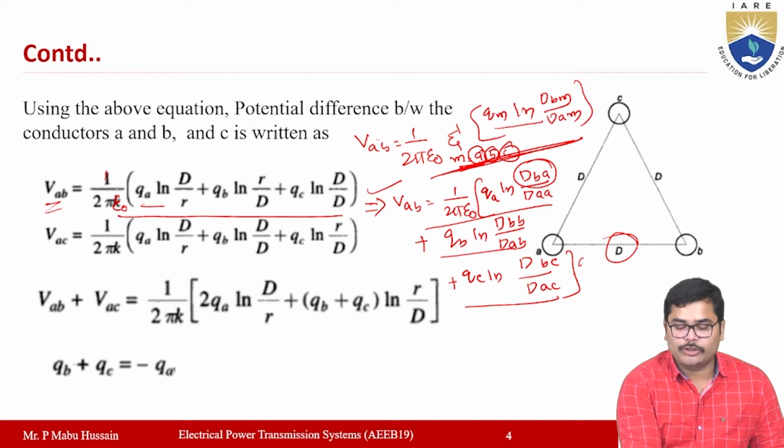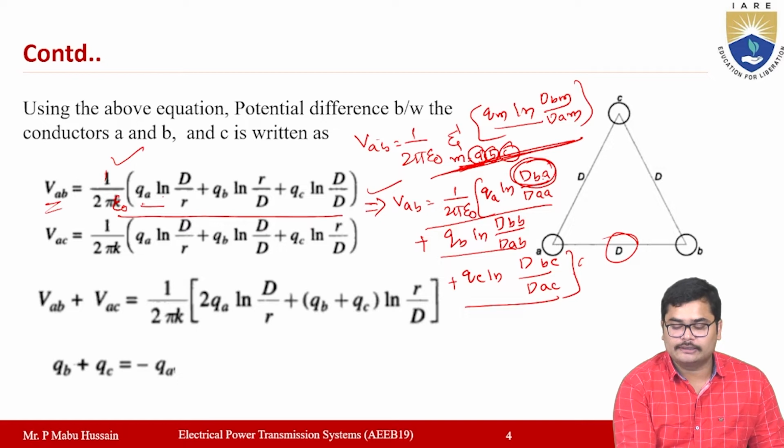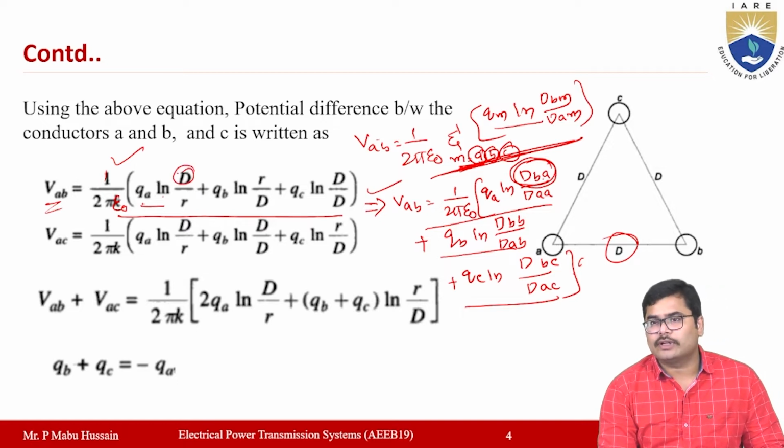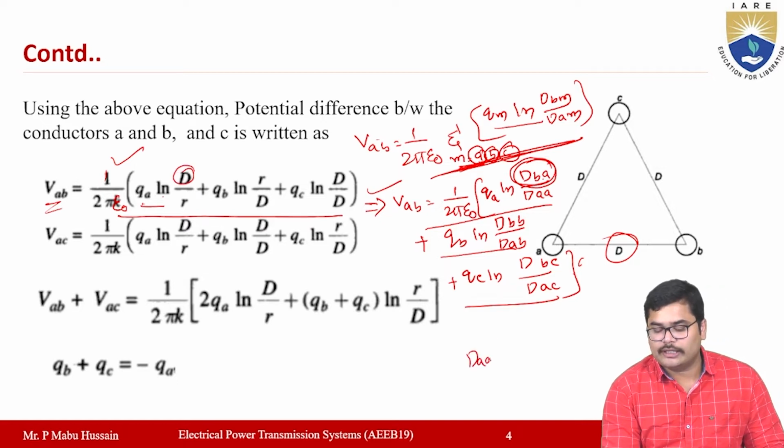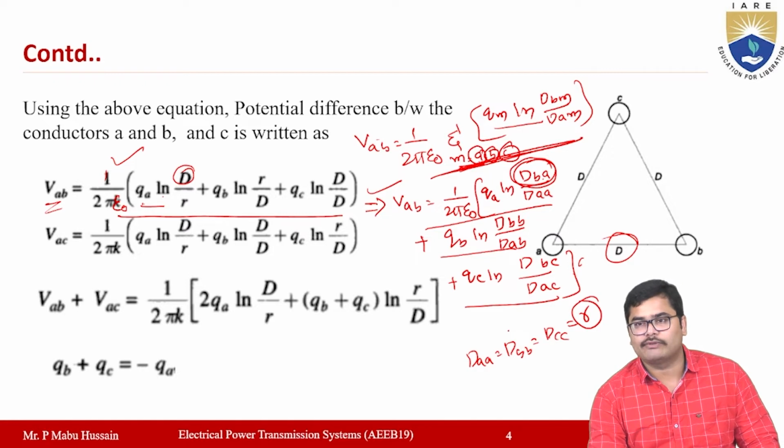So VAB is equal to 1 by 2 pi epsilon naught QA ln, in place of dBA you will get D here. Okay, and the self distances DAA, DBB and DCC are always equal to the radius of the conductor.